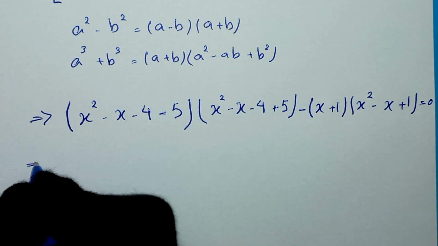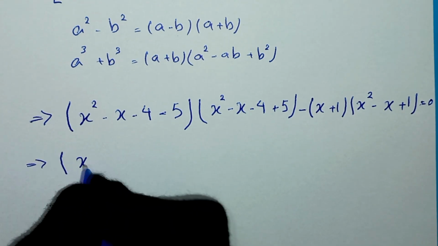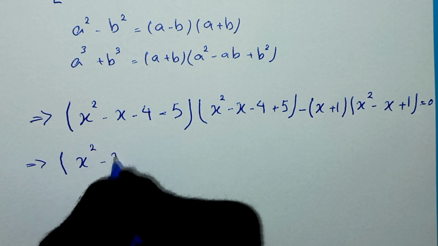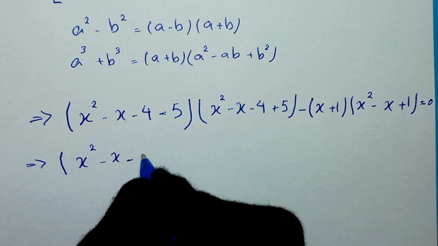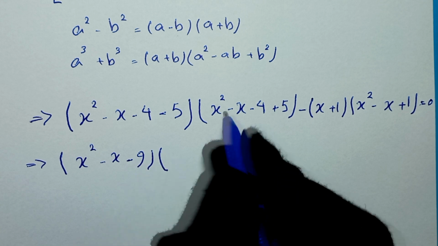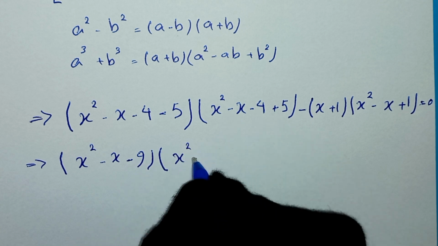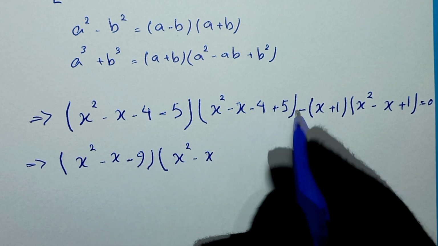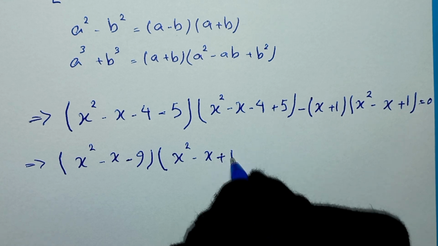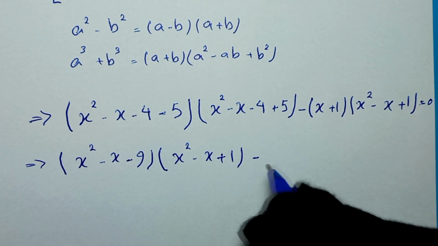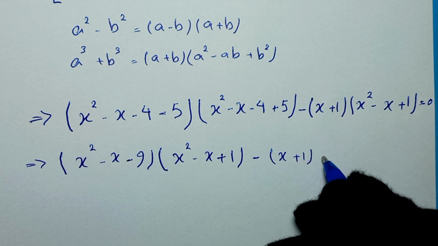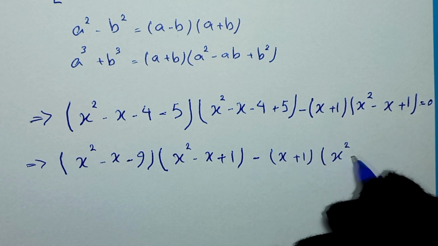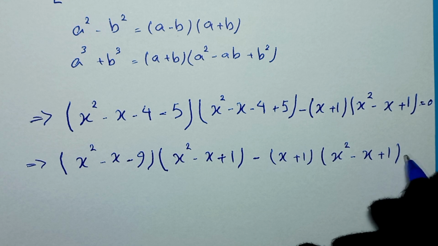And it will be, here, x squared minus x, and negative 4 minus 5 is negative 9, times x squared minus x, and this plus this is positive 1, and then x plus 1, this times this, x squared minus x plus 1 is equal to 0.